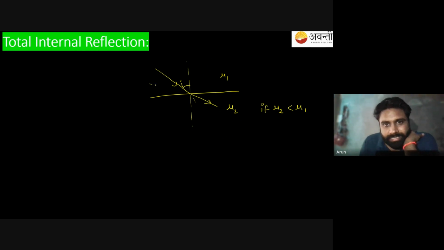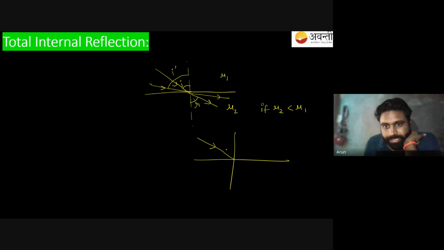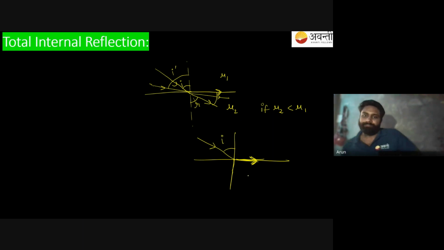Now if I increase this angle of incidence, this angle of refraction will also increase. At some point, I will encounter a particular angle I for which this ray completely shifts to the boundary and does not go into the medium.